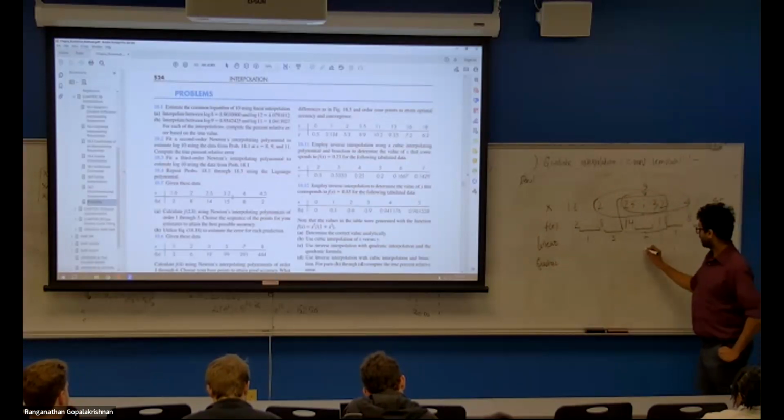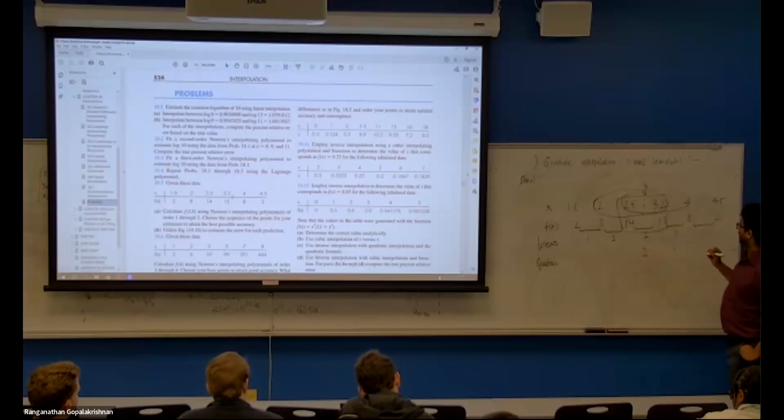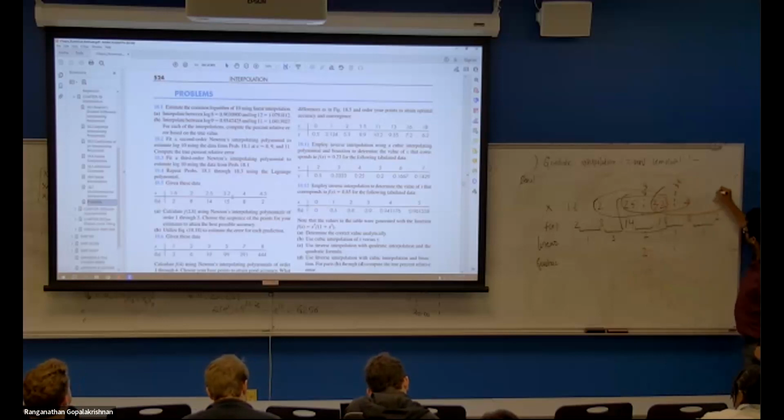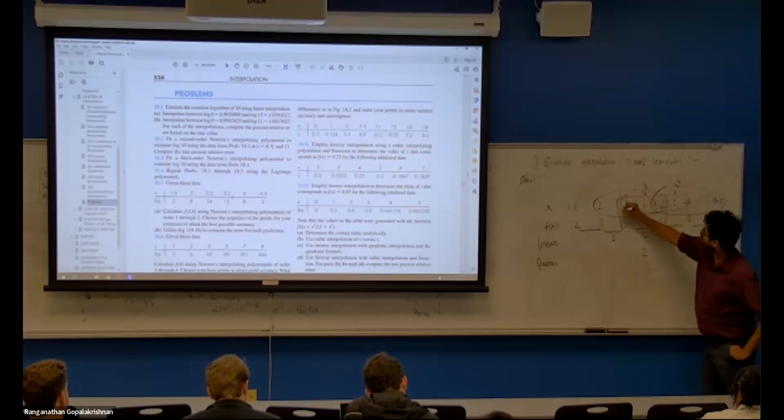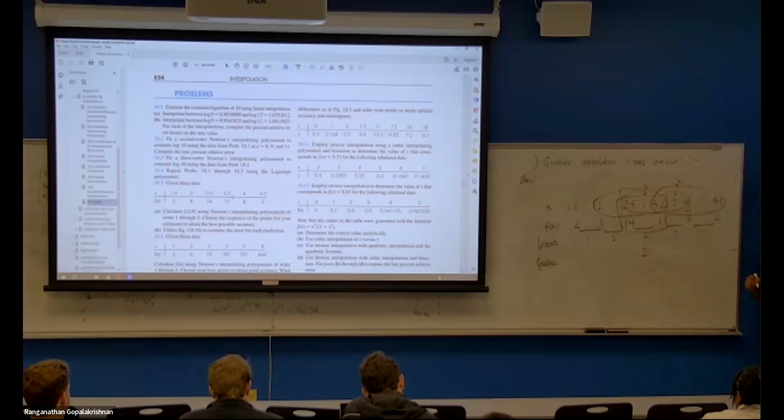Right? So can I write two choices? Everyone's cool with that? If I were to pick anything between 3.2 and 4, suppose I want say 3.6, what are my choices? Either these three or these three. How many choices? 2.